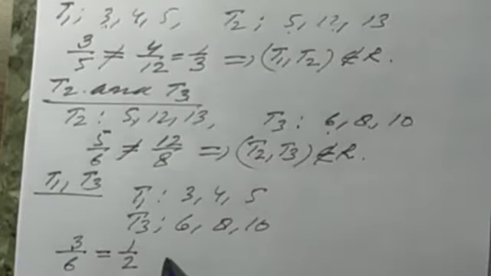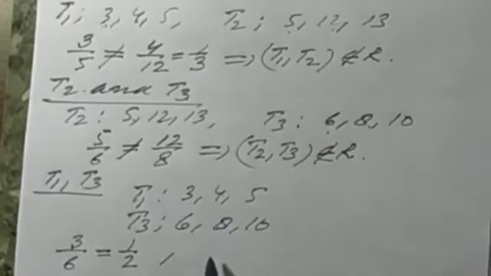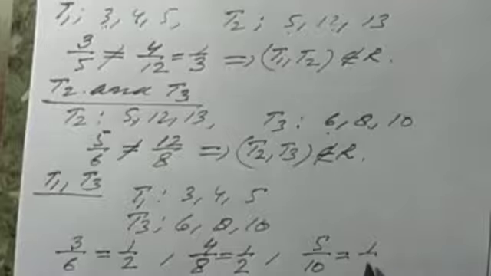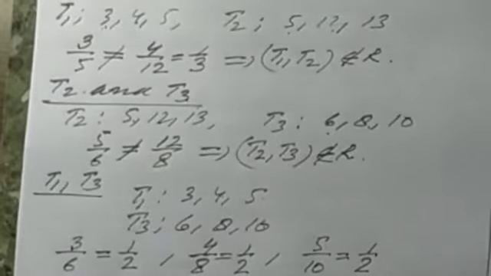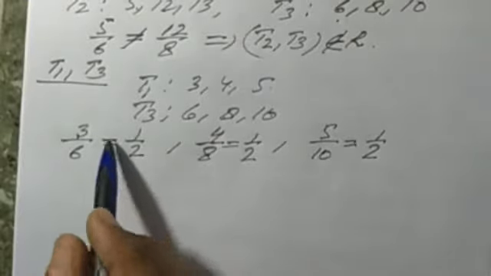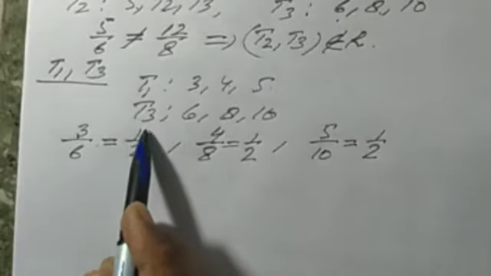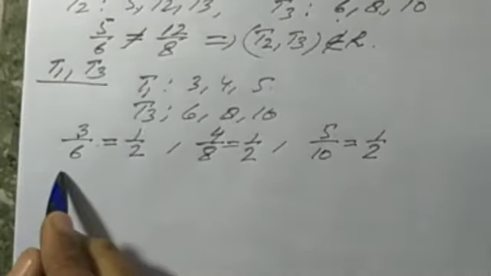If we take the ratio of the second two sides, that is 4 upon 8, which is again equal to 1 upon 2. And if we take the ratio of the third sides, we have 5 upon 10, which is equal to 1 upon 2 again.